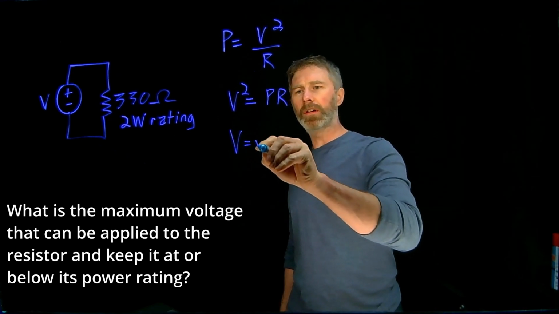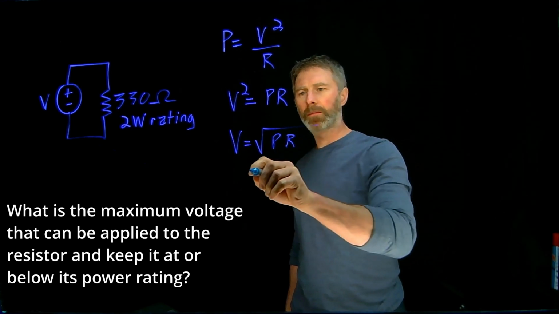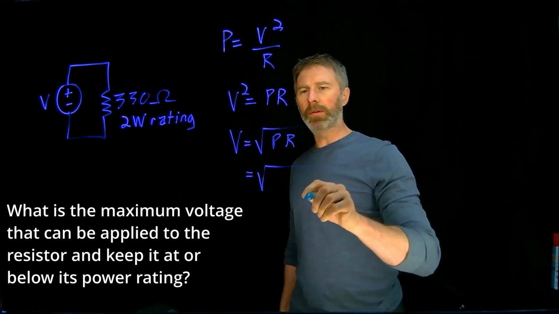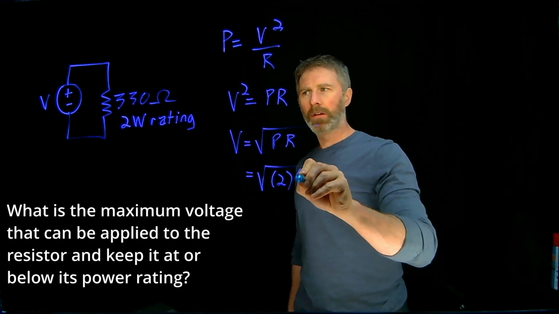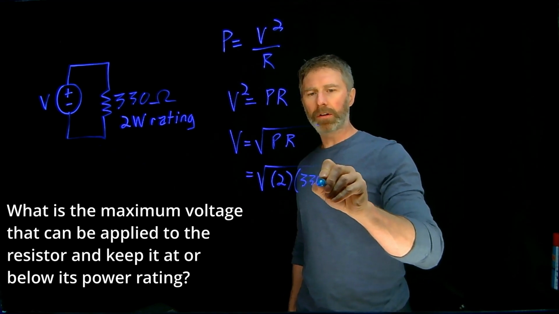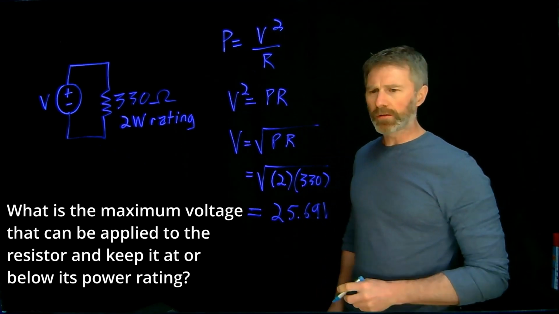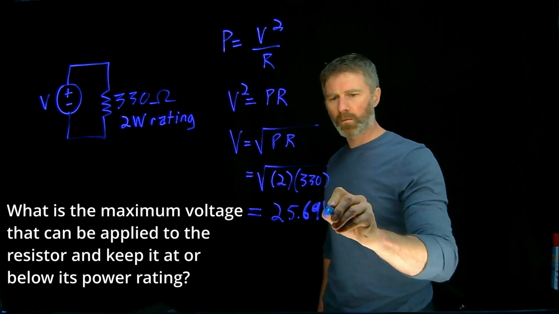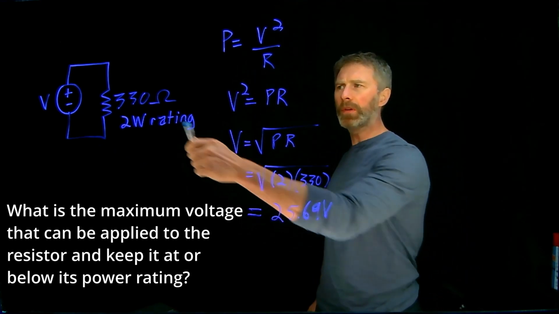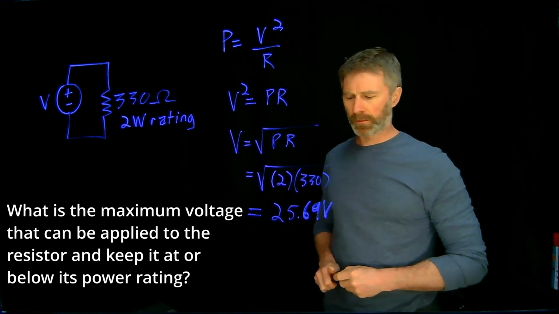So the voltage is the square root of power times resistance. And so in this case, it's going to be the square root of 2 watts times 330 ohms. And that's 25.69 volts, which is the maximum voltage we can have at this source before we exceed the power rating of that resistor.